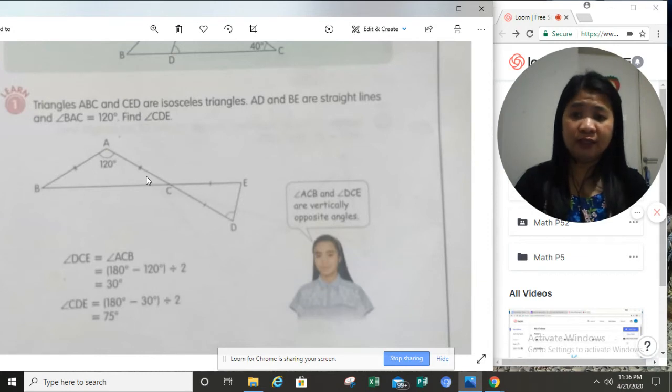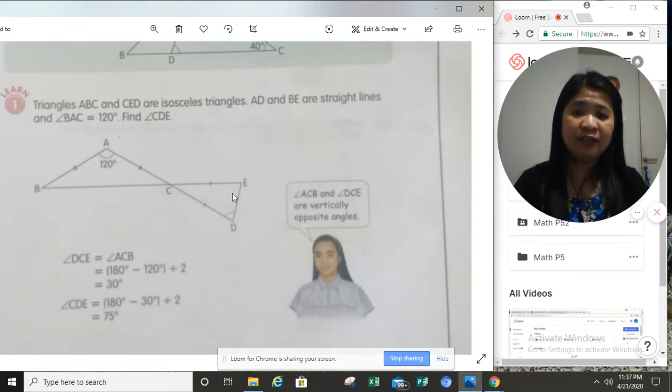We already mentioned before that the angle here will be the same as the angle here, right? Now, 30 and 30. Since this is an isosceles triangle, angle CDE is equal to 180 minus 30, divided by 2, and we get 75 for each of these angles.